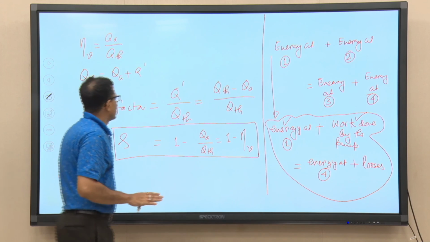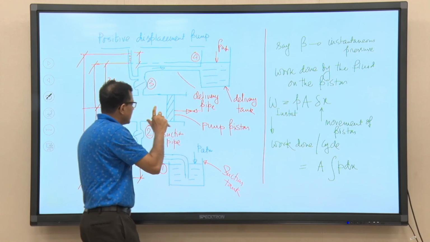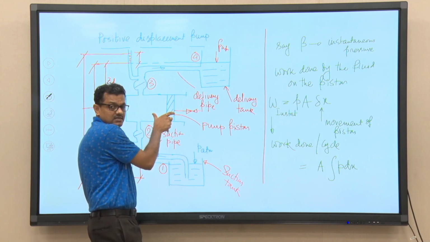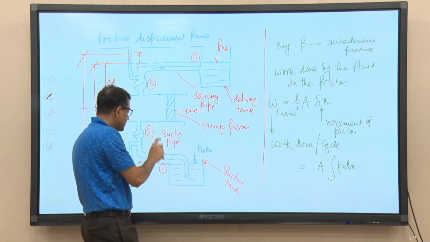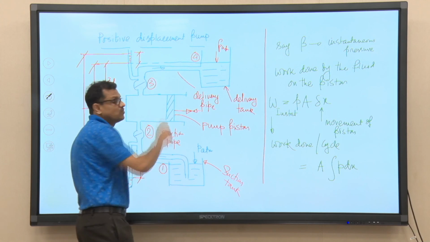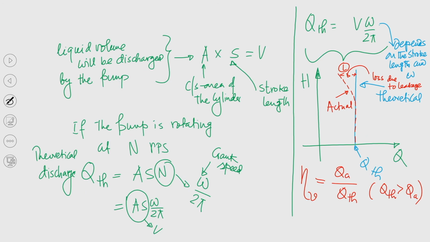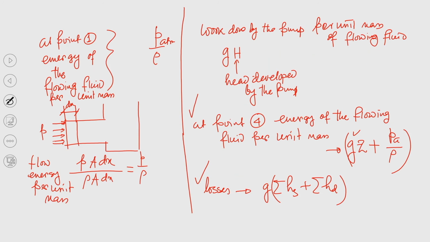So, I am repeating this part: at point 4, the energy should be the energy supplied by the pump, plus the energy required to transport liquid from point 1 to 4. Now, the head developed by the pump includes all, so that is why we had written initially G Z plus G into H, but that H will include all those things, the losses in both the suction and delivery line.